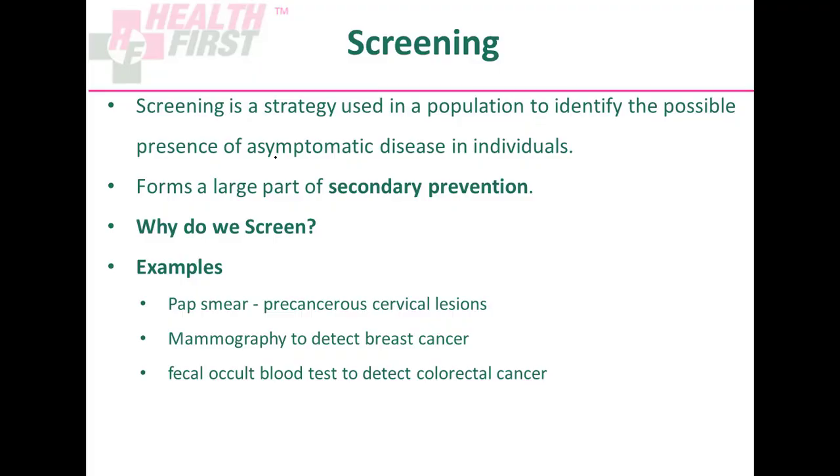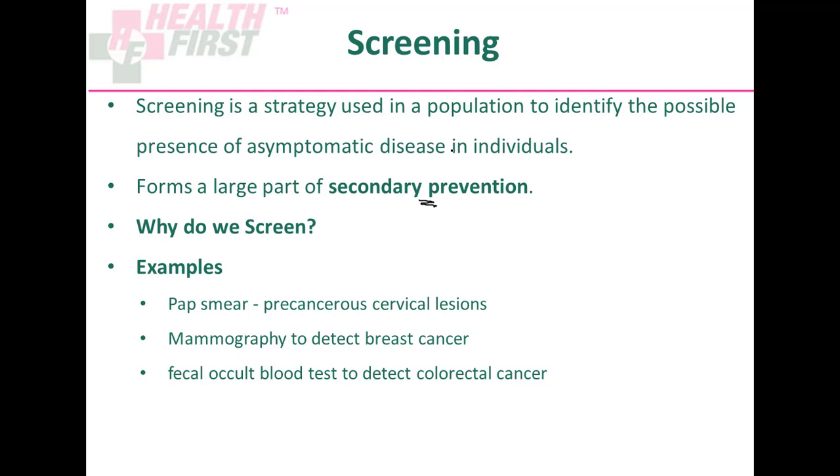Now, screening is a strategy that is used in populations to identify the possible presence of an asymptomatic disease in individuals. And of course, it forms a large part of secondary prevention. Why do we screen?